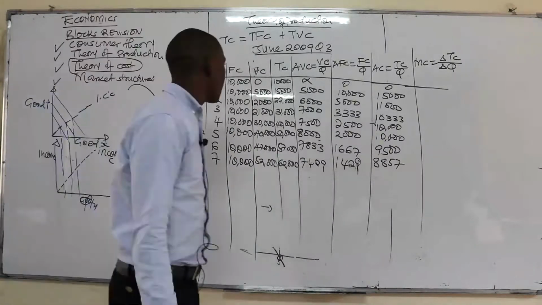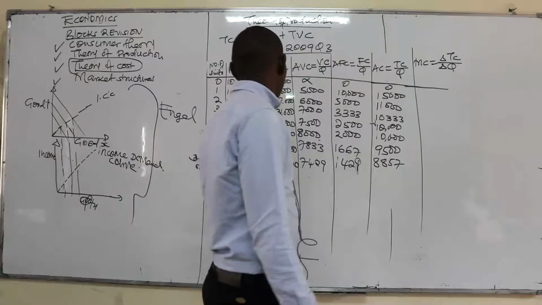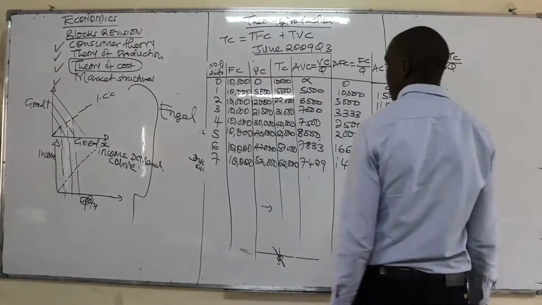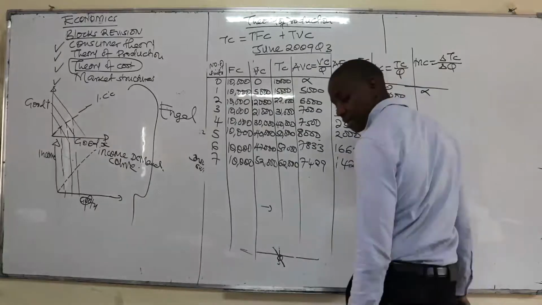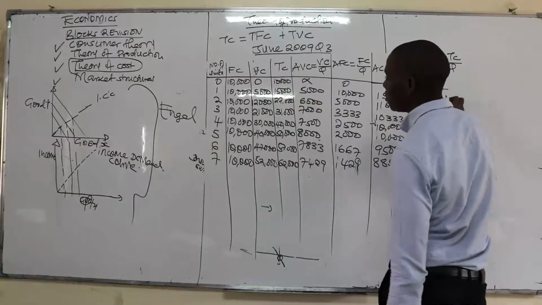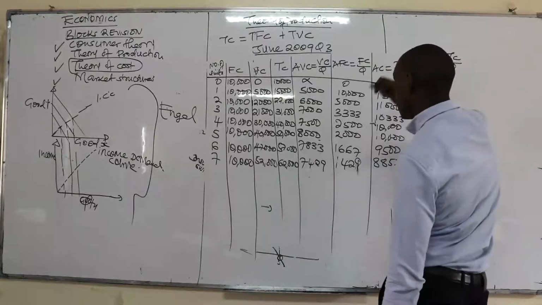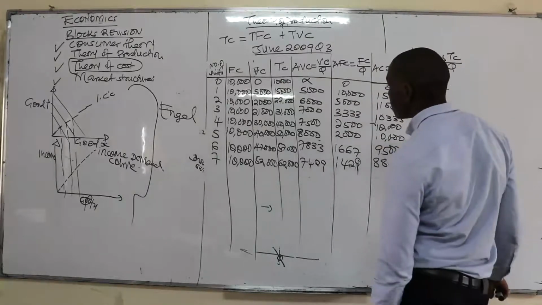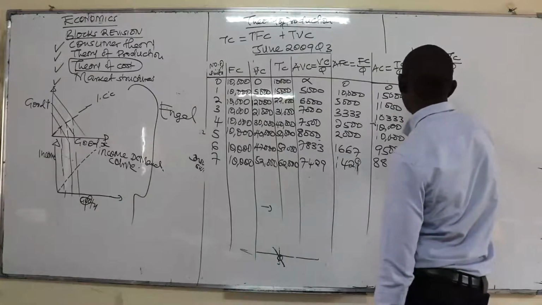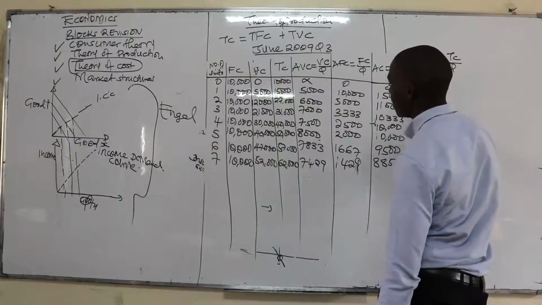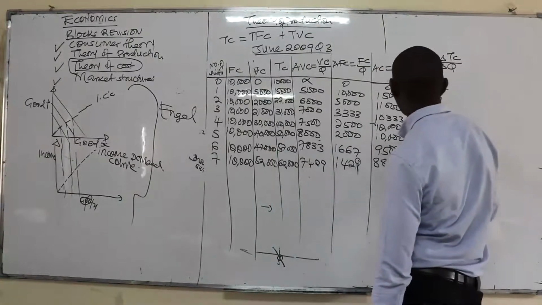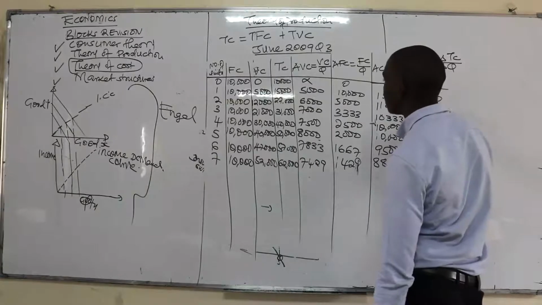Now for the marginal cost, in this case, you just take the change in total cost over the change in quantity. The first one, we cannot get that. The second one, on units number 2, the total cost is 22,000 minus 15,000, which will be 7,000.